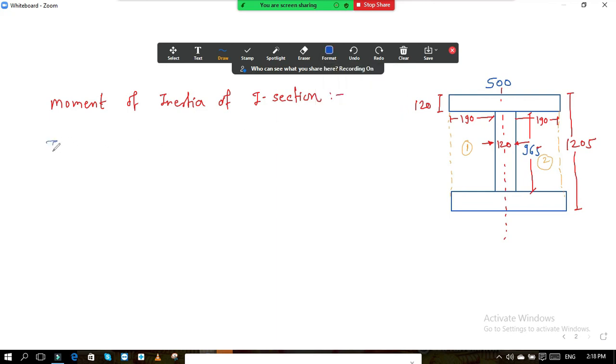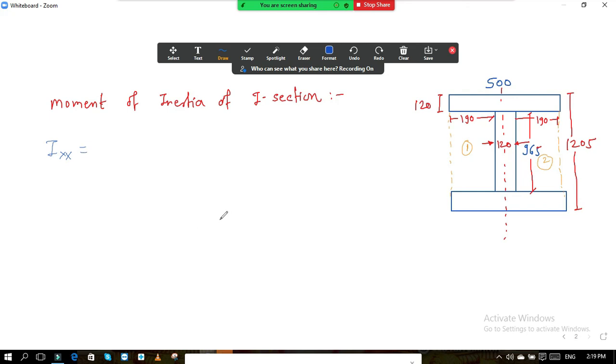So now here it is, moment of inertia Ixx. Why am I taking Ixx? Because beams generally bend along their length, which is parallel to the x-axis. So bending is along the x-axis. That is why we are taking Ixx. In case of columns, in most cases for moment of inertia we take Iyy because a column bends along the y-axis. That is why there you need to use Iyy.